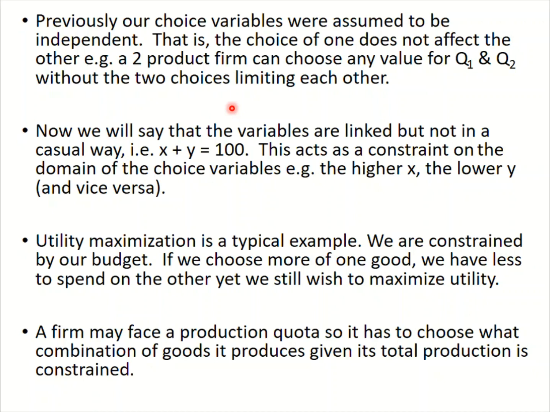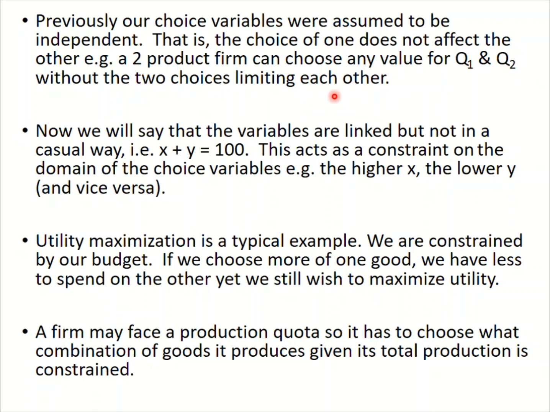So in those cases where we did not have a constraint, the choice of one does not affect the choice of the other. So if we go back to our two-product firm producing product Q1 and Q2, they can choose any value for these two products, okay, without the two choices limiting each other.